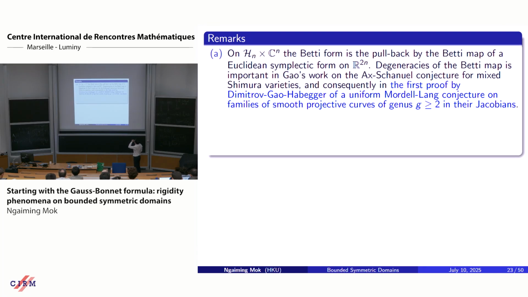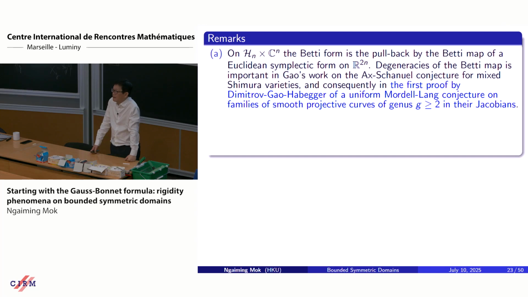Then there was the work of Gao later on, where he studied an extension of my theorem with Jacob Tsimerman and Jonathan Pila, proving the André-Oort conjecture. This is another topic, so I'm not talking about that.